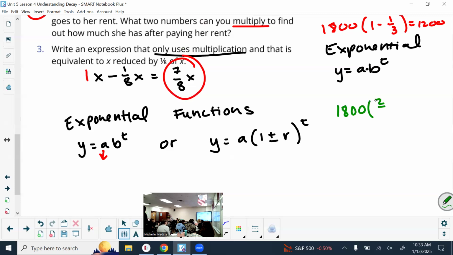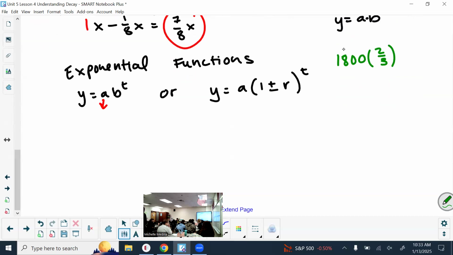We did 1800 times 2/3. What was that 1800 representing? We need the initial value when we're doing these, because if we're multiplying each time and changing what we currently have, it's important to know what we started with. So in both situations, identify your initial amount and put it in the A of your formula.